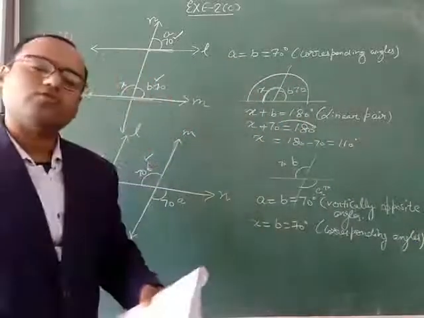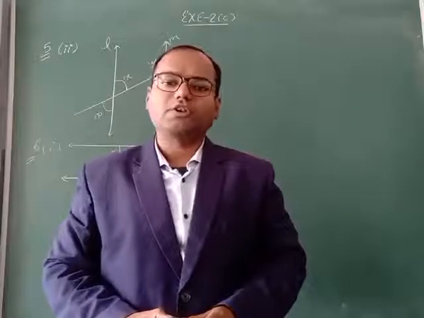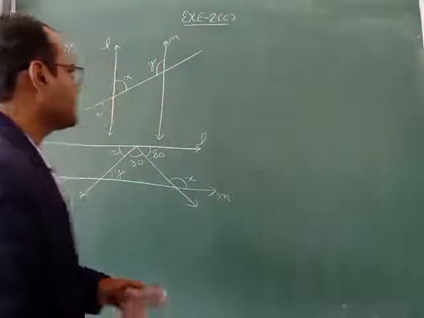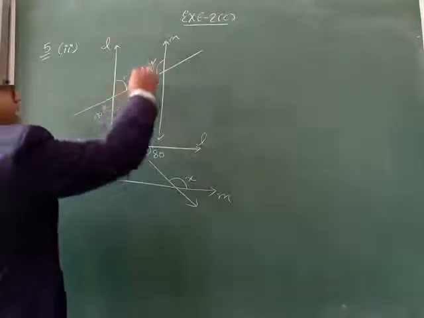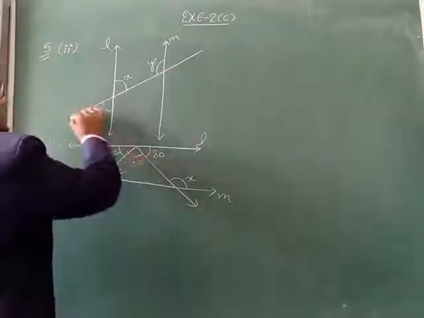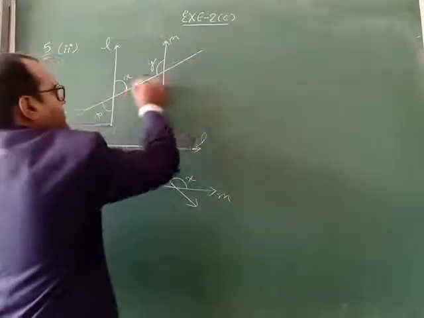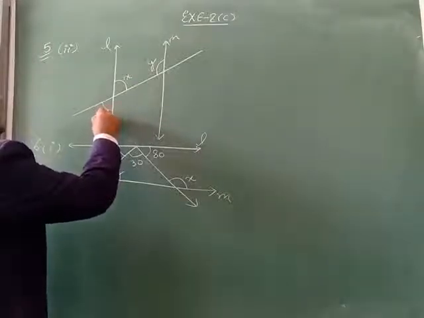So like this you have to do question number 4. Now all of you see question number 5, second part. Figure is given. L and M, these two lines are parallel to each other, and this is the transversal. Let's say this is 70 degrees, we will give one alphabet name.